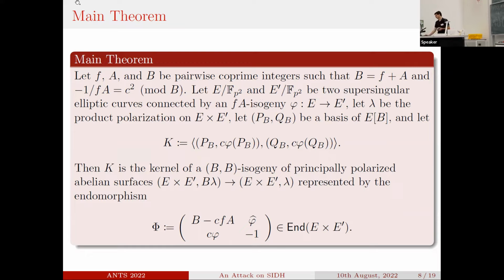And here we have the description of c. So basically minus 1 over fa is equal to c squared modulo b. And then we have 2 supersingular elliptic curves connected by an f isogeny.